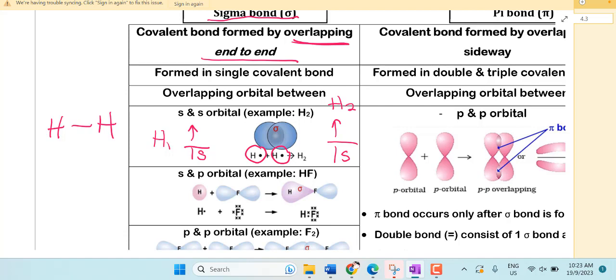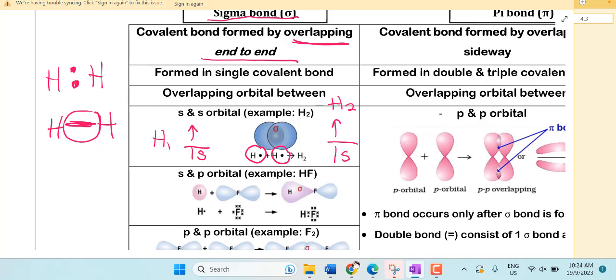These two hydrogen atoms get closer together and each hydrogen atom will share one electron. As a result, they will form a bond. One hydrogen atom shares one electron, the other hydrogen atom shares another electron, so they form a bond between the two hydrogen atoms.